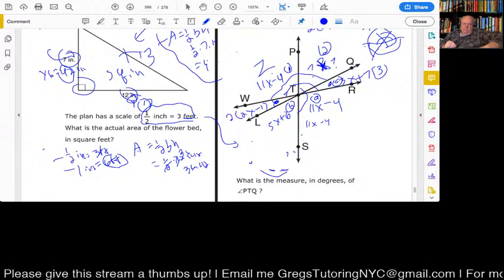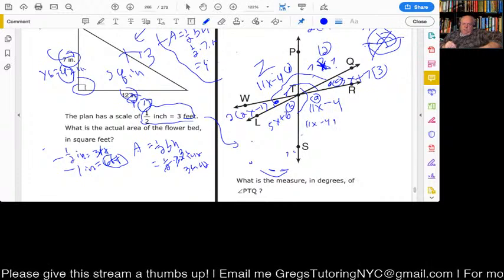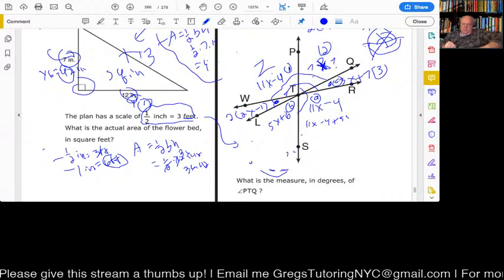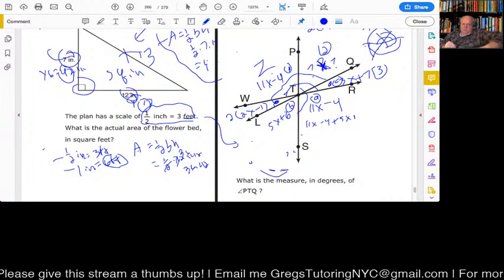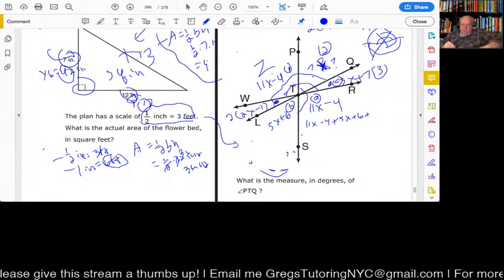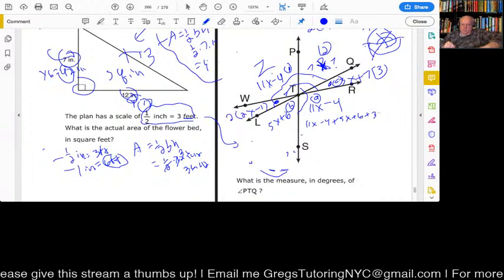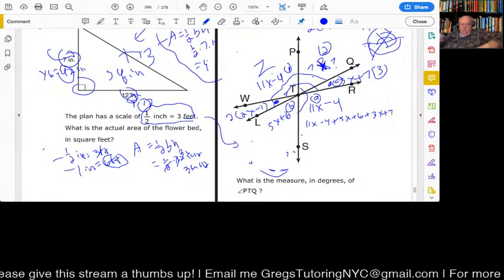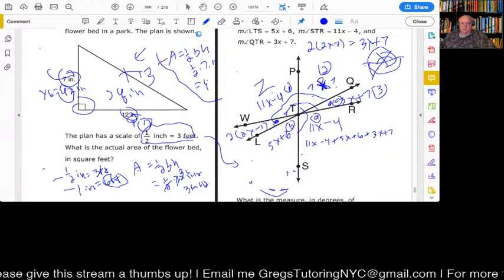So I have 11x minus 4 plus 5x plus 6 plus 3x plus 7. And let me just make sure that's what the equation says it was.